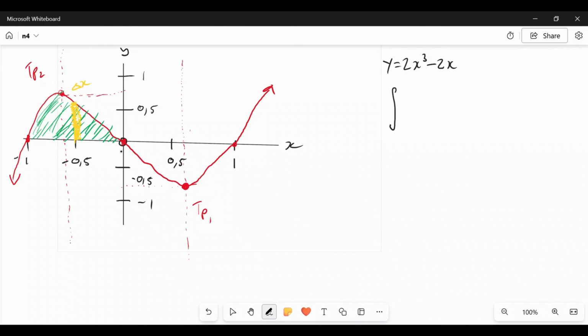Our upper limit is the bigger number between 0 and -1. So 0 is going to be our upper limit. And then our lower limit is going to be -1, because between 0 and -1, the bigger number is 0. Then inside there, we have to put in our equation, 2x cubed minus 2x, multiplied by dx.